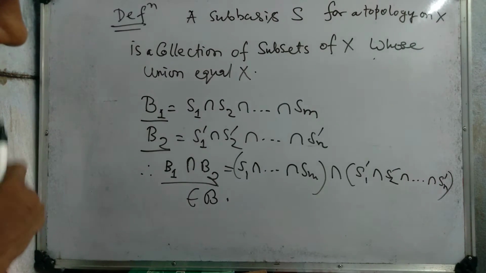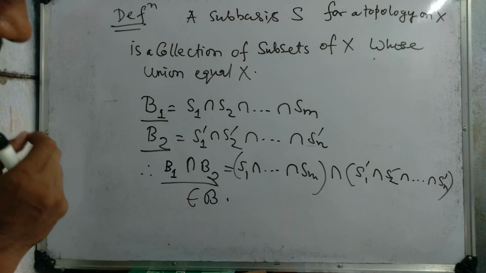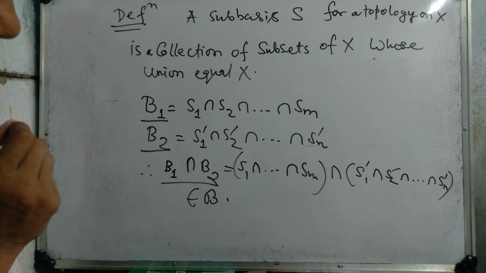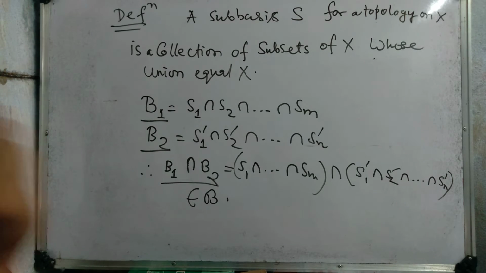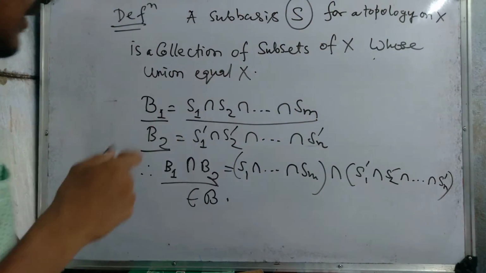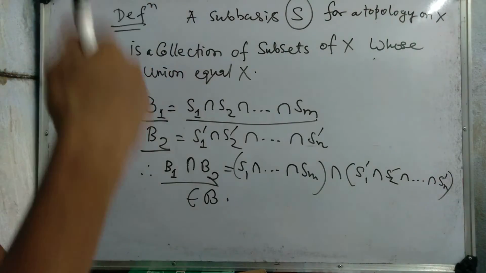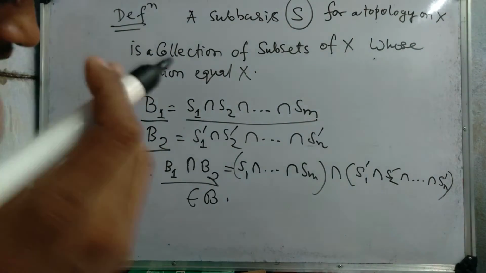Now the topology generated by subbasis S means the collection tau of all unions of finite intersections of elements of S. The union of all finite intersections of elements of S represents the topology.